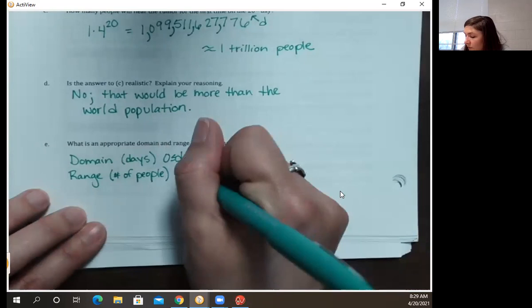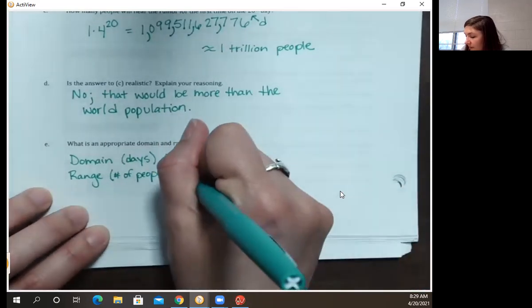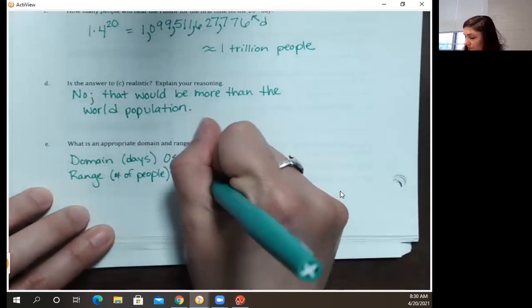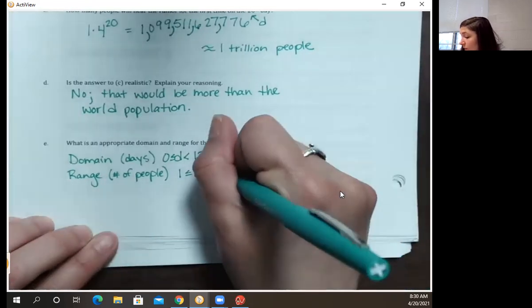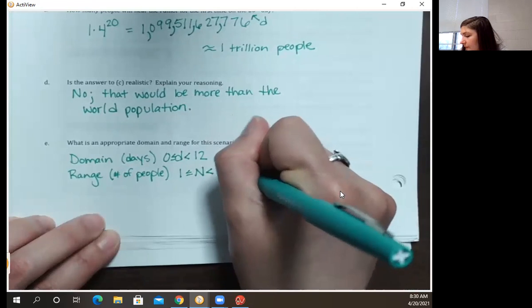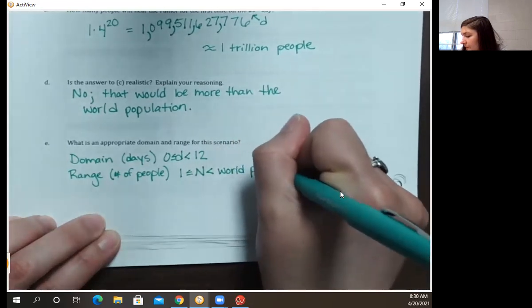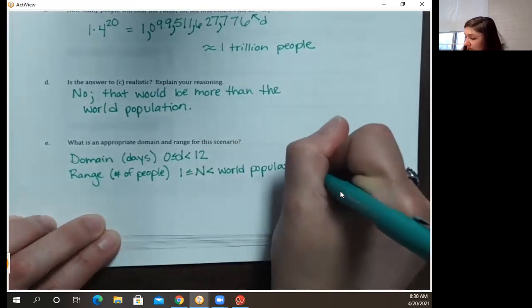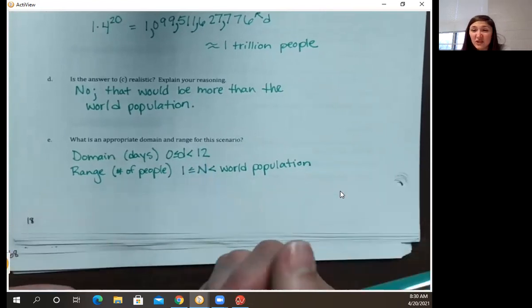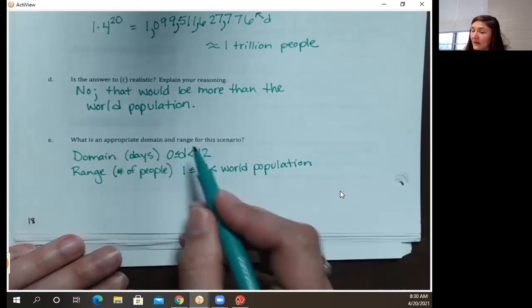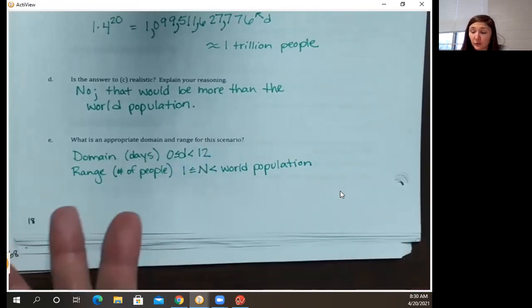And so we know we're starting with 1 person. And then we've got to be less than, I'm just going to write the world population here. So what we're going to see is after about a week and a half, after 2 weeks, this model doesn't fit our spread of our rumor anymore.